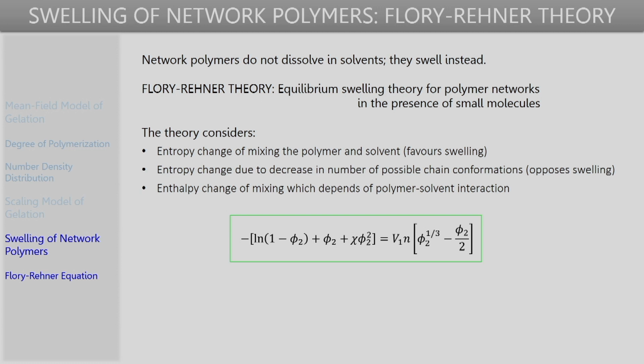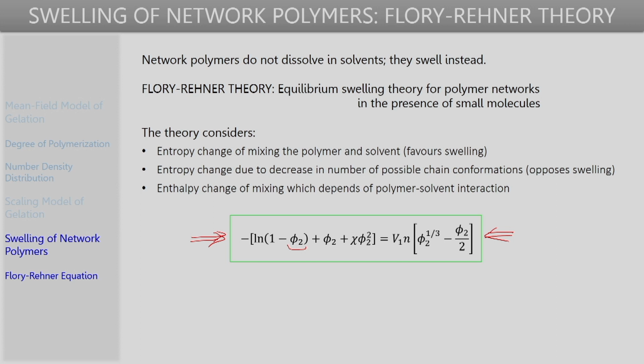So, the FLORY-REHNER equation, the final equation, we will not go through a derivation again. The final equation is shown here, and in this equation, some of these terms should be familiar to you. Phi 2 is just the volume fraction of the polymer in the swollen polymer network.